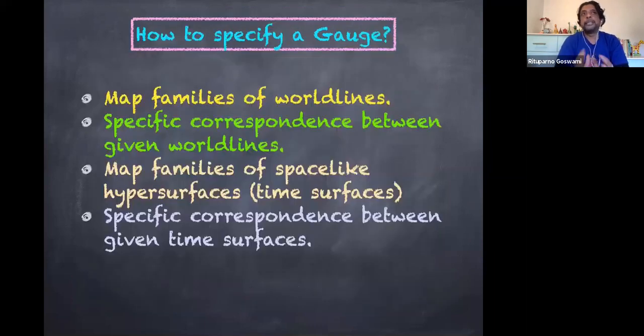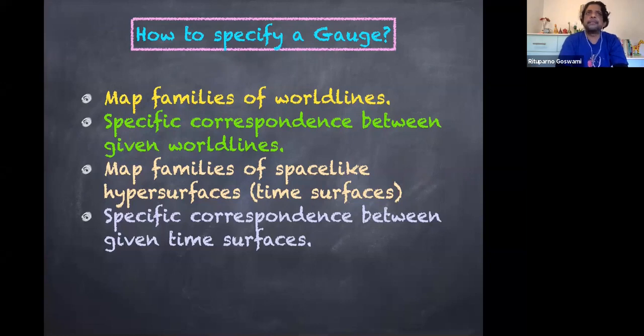So how do we specify this mapping phi, or specify a gauge? Any complete specification of a gauge must have four important properties. First, we need to map families of world lines with families of world lines. For example, in an idealized universe, the natural families of world lines will be along the fluid flow lines, and we'll map these families of world lines to the families of world lines in the lumpy universe.